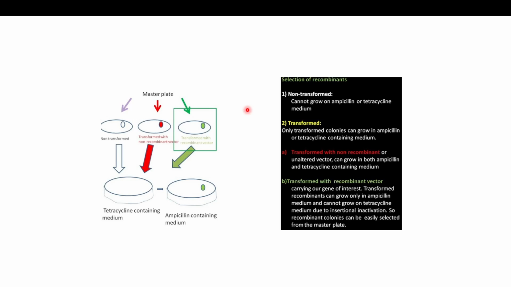So now suppose I want to select this particular thing. The ampicillin resistance gene is intact.